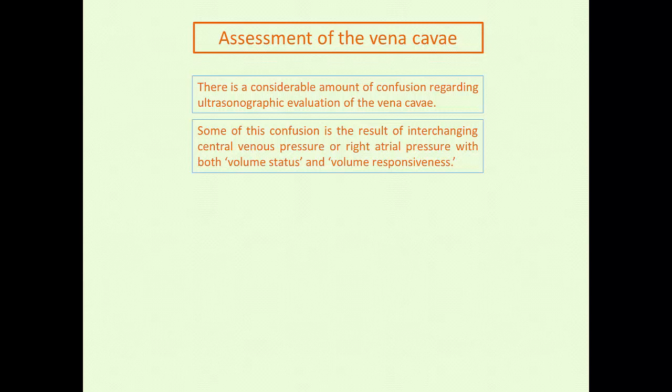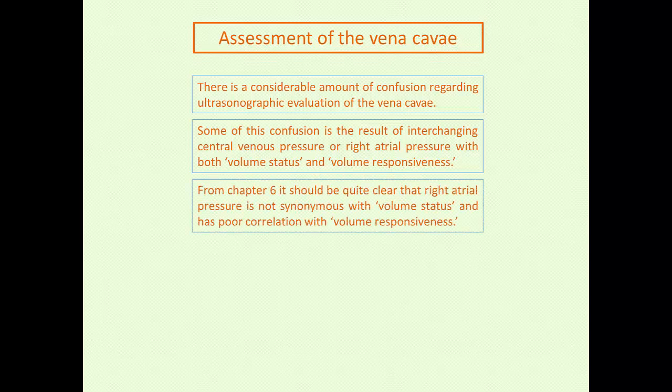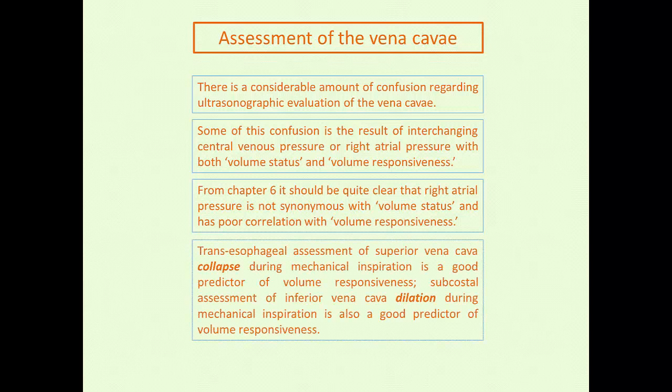Volume responsiveness is uncoupled from volume status, and is defined by your Frank-Starling curve, or cardiac function curve, that is, whether or not you're on the ascending portion. From Chapter 6, it should be clear that right atrial pressure is not synonymous with volume status, and has a poor correlation with volume responsiveness.